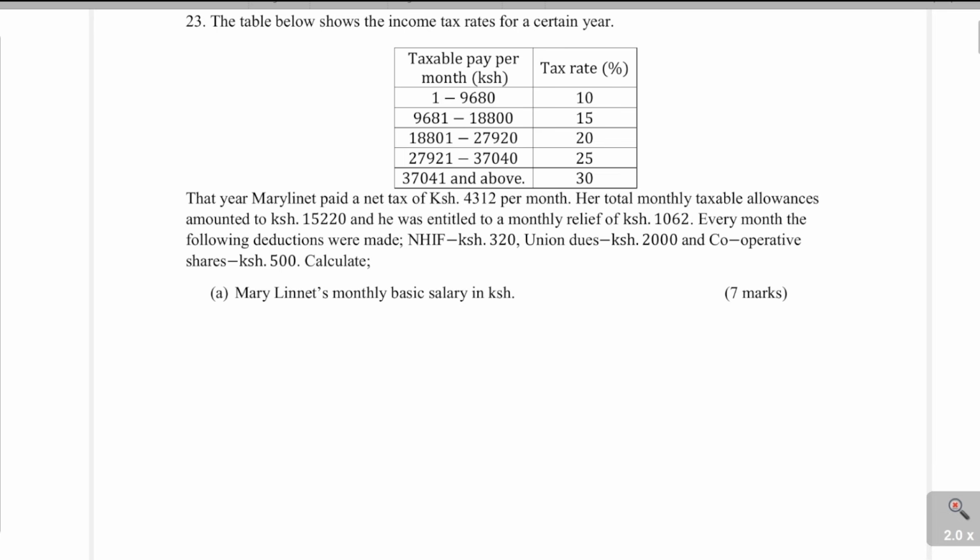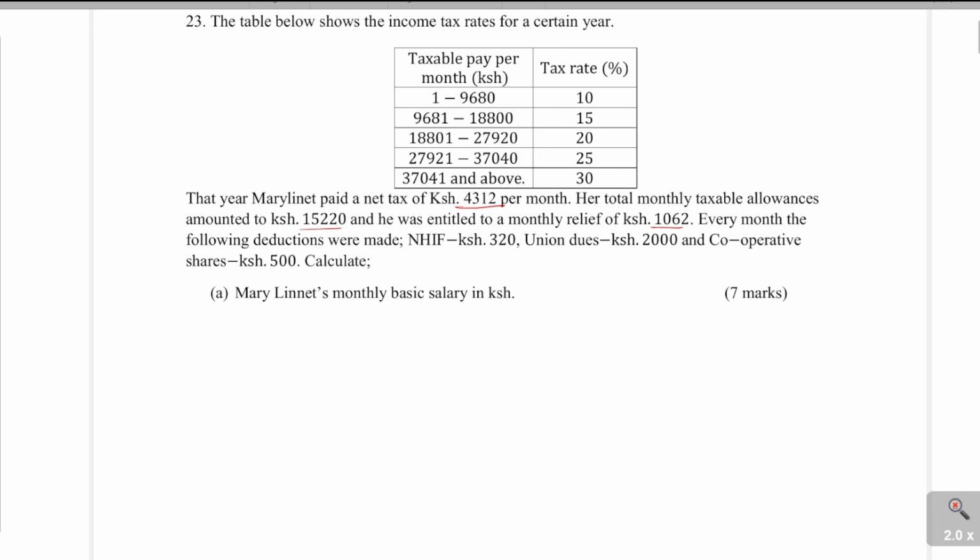So you're given all the information and you have the net tax. The net tax is given. Then we have the taxable allowances, and the monthly relief, and then the other deductions. How do you get the basic salary? You have the net tax, and that is what you're going to use to calculate the taxable income.